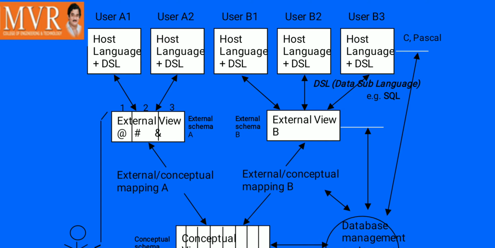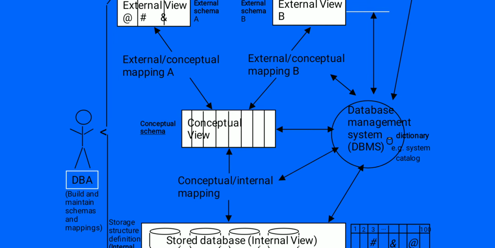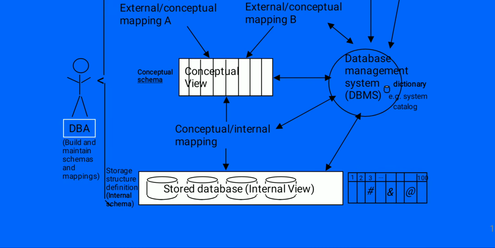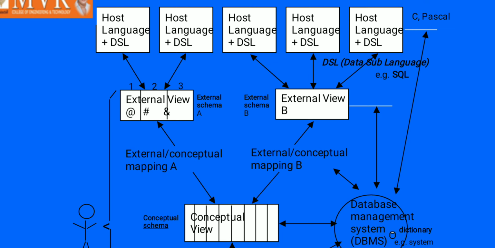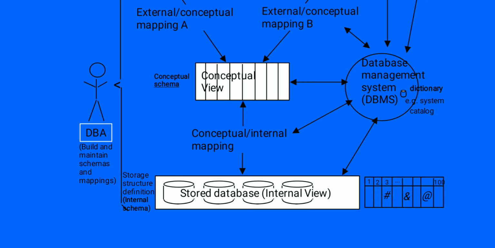They want to share the database tables, and this comes under the conceptual view. The conceptual view is connected with the database management system. After that, the storage of the database is the internal view. We already discussed the internal view, conceptual view and external view. These three are managed by the DBA. On the left side we have the build and maintain schema mapping. On the right side we have the database management system, that is the dictionary system or catalog.